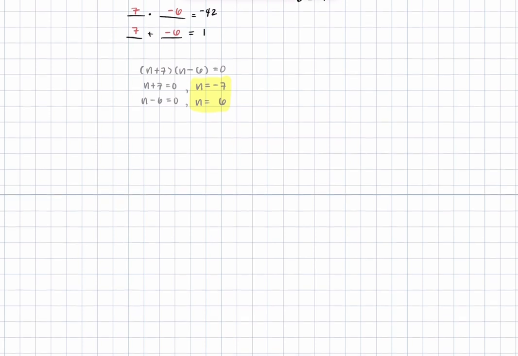Okay, let's look at another example. Again, I'm going to go through the steps. n squared minus r minus 42 equals 0. So now we're going to have two numbers that give us a times c. Our a value is 1, c value is negative 42, so this is negative 42.